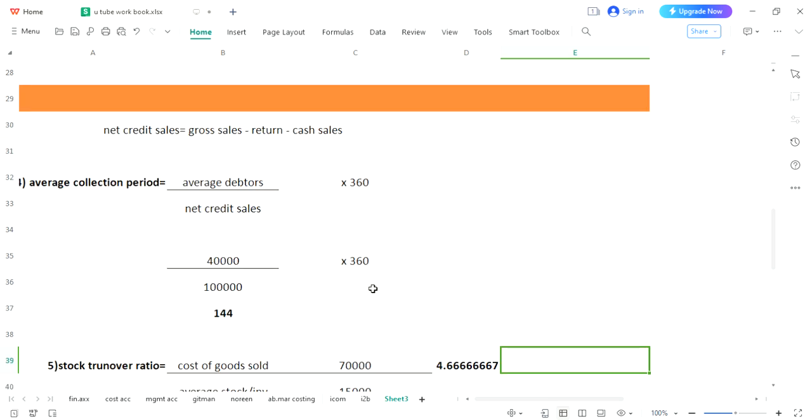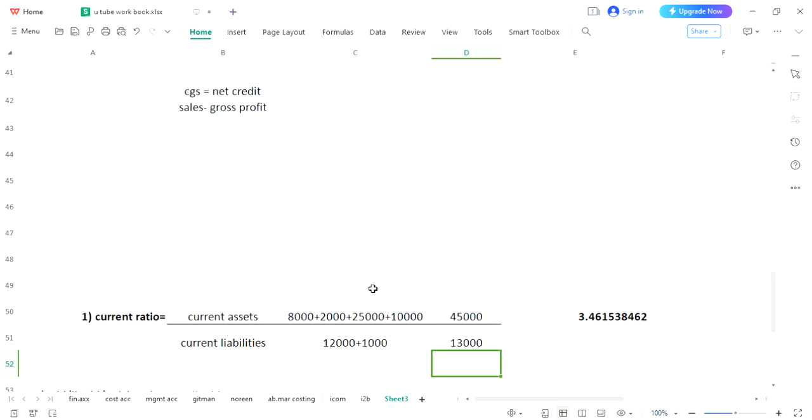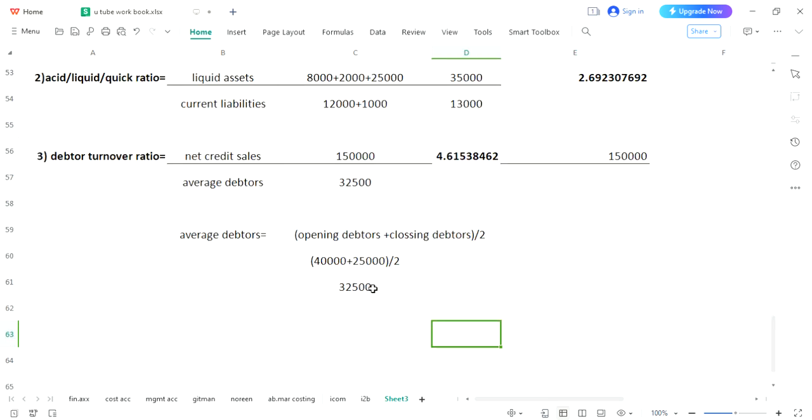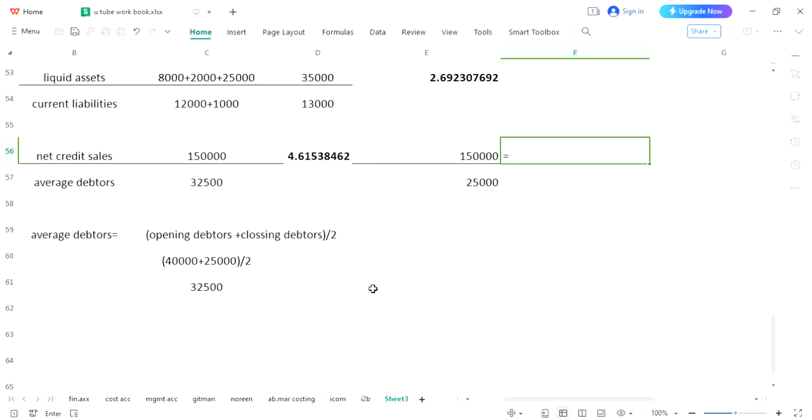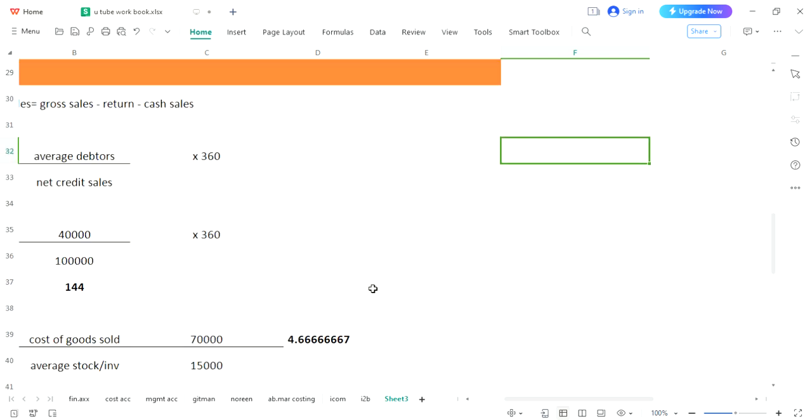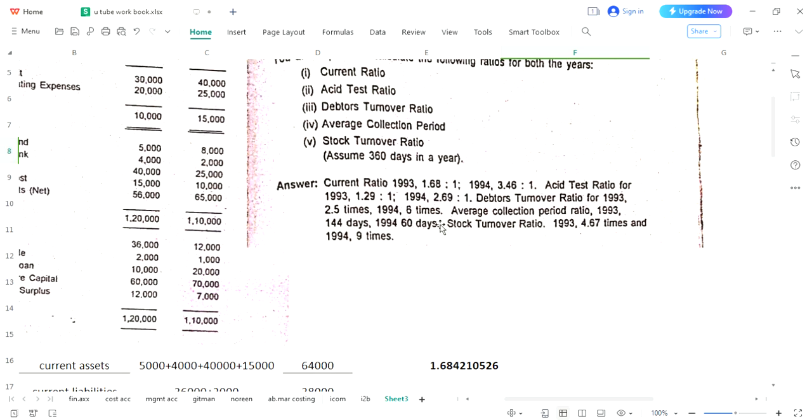So here is our problem. So let's put 25,000 and let's see how much answer we will get. 150,000 divided by 25,000. So you have got 6, and the answer given in the book is also 6.